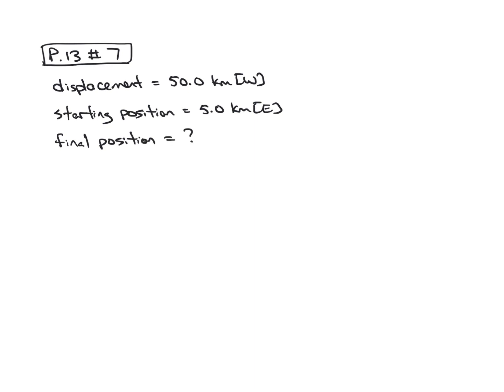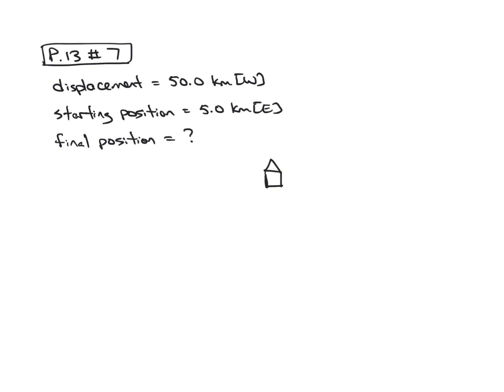So I'm going to try to draw myself a diagram. The starting position is 5 kilometers east. What does that mean? Well, there must be some kind of a reference point that they're thinking of. And they're telling us that this object is starting 5 kilometers away from that to the east. So maybe I'll use a house as a reference point.